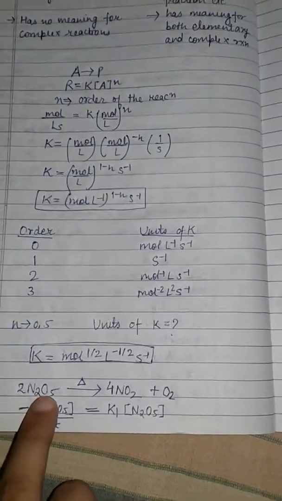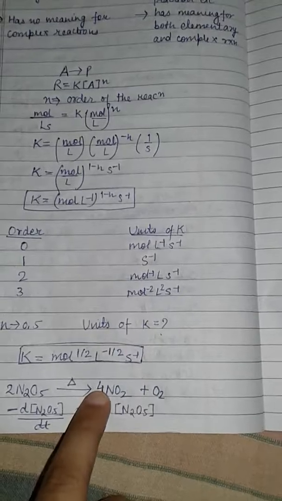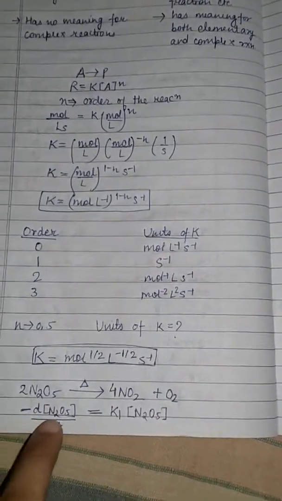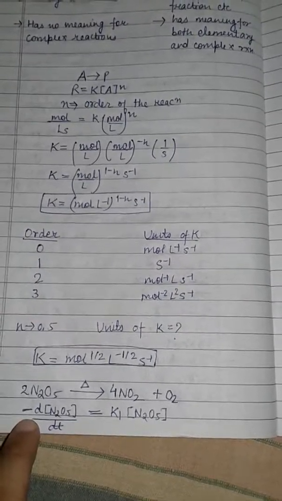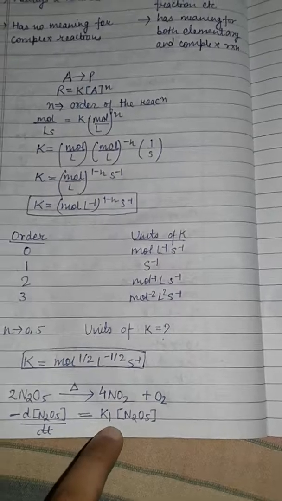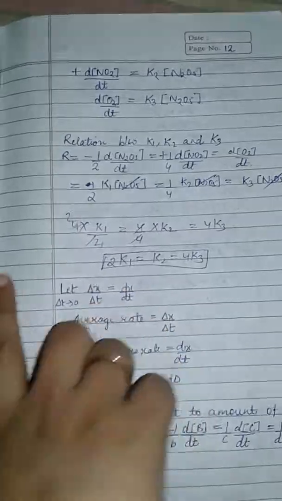Now if the reaction is 2N2O5 gives 4NO2 plus O2, then the rate of decomposition of N2O5 will be k1 N2O5. Rate of formation of NO2 will be k2 N2O5 and rate of formation of O2 will be k3 N2O5.